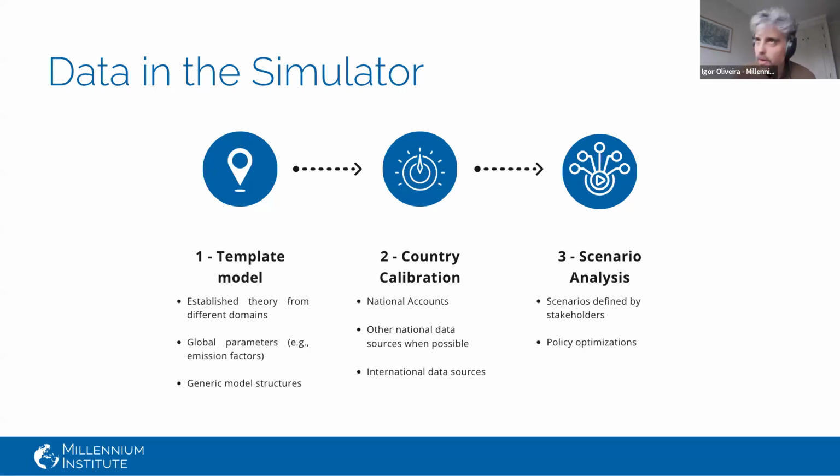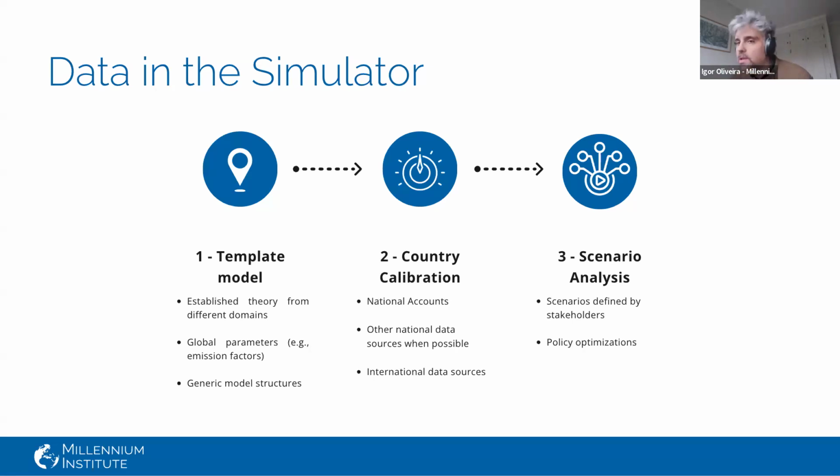Still, it's very important to have the best possible calibration data sets to make sure that the idiosyncratic representation of each country that we undertake with our modeling framework is as accurate as possible, right?